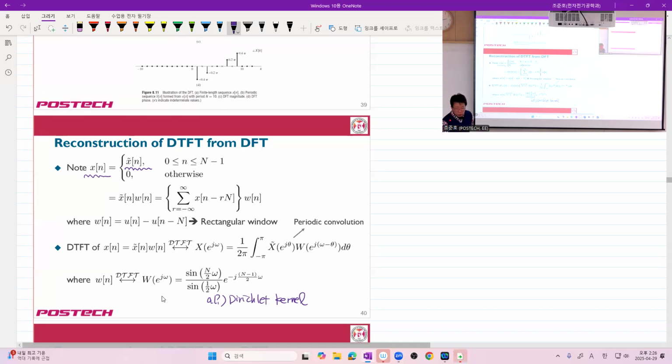As I told you, by using W n, which is a rectangular window with duration 0 to capital N minus 1, duration capital N. So support 0, 1, 2, 3 up to capital N minus 1. So as you remember from signals and systems, this is what? Multiplication in the time domain.